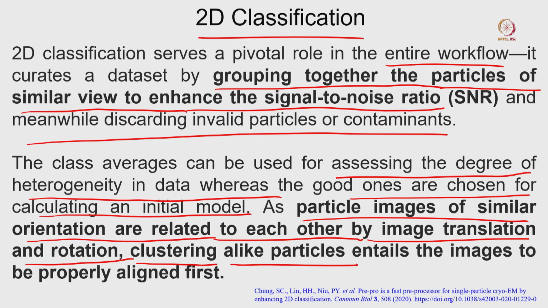So what we are doing is grouping similar kinds of images together, building the same kind of particle and averaging. When we are averaging, what are we averaging? We are averaging the signal, the contrast, mainly the amplitude, and the rest of the noise we are removing. That is why we say we are enhancing the signal to noise ratio.